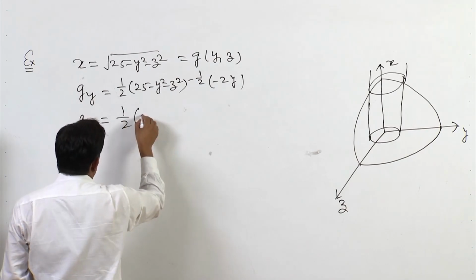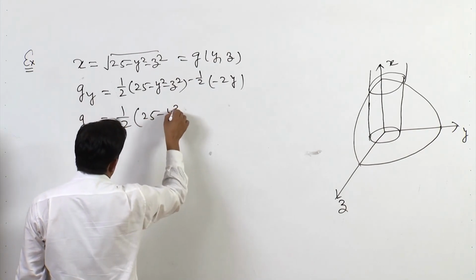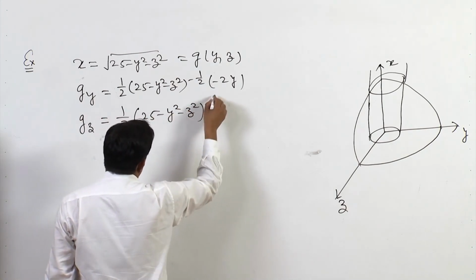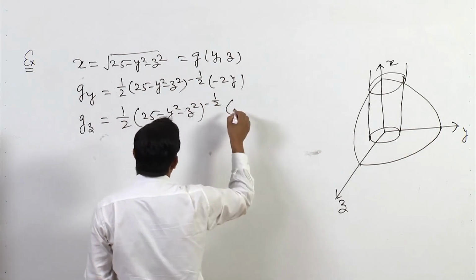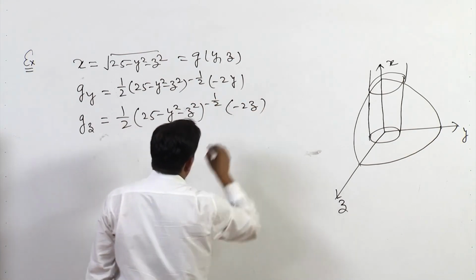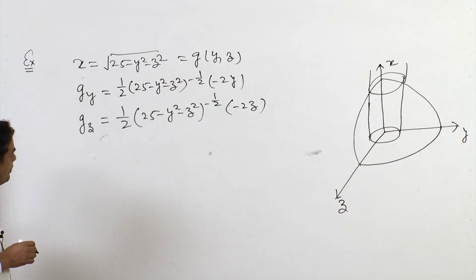Similarly, g z will become 25 minus y square minus z square raised to power minus half into minus 2z, okay.